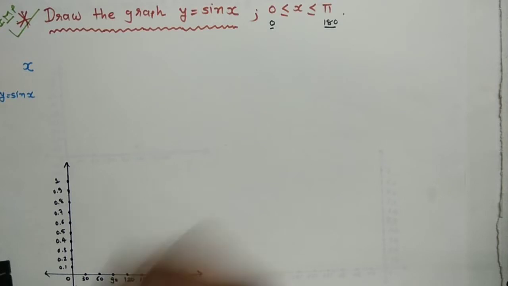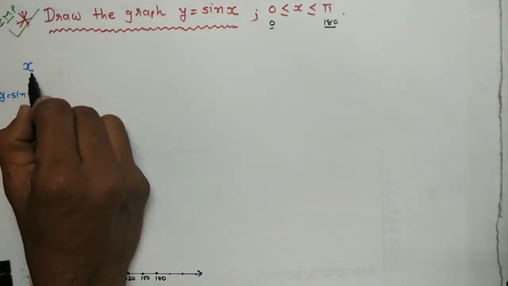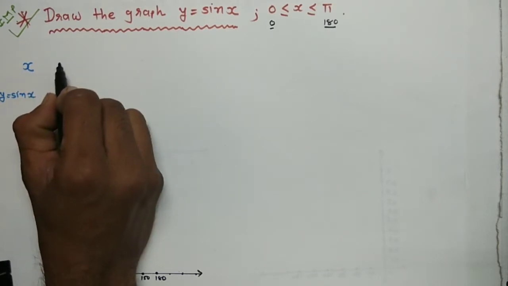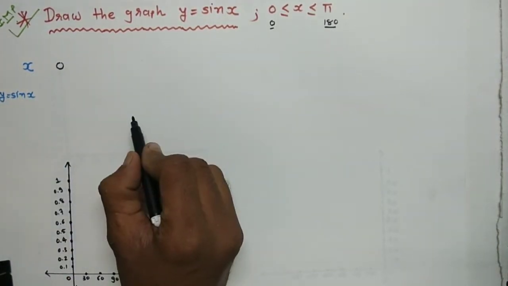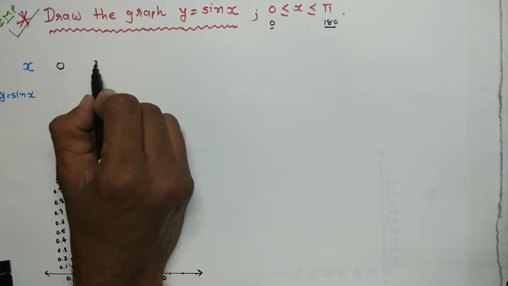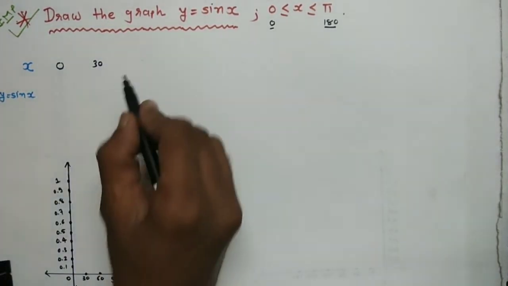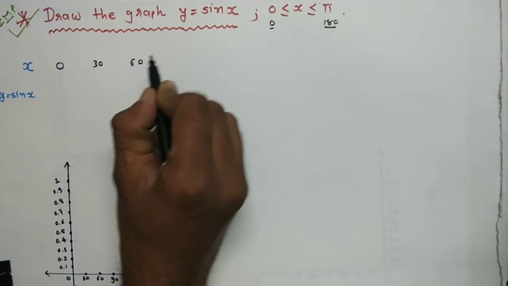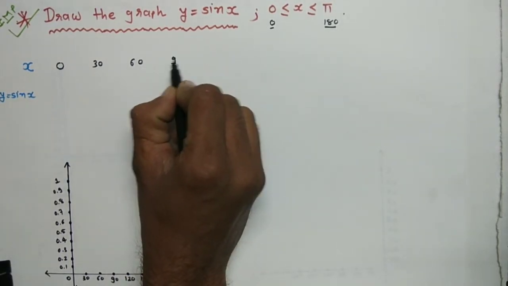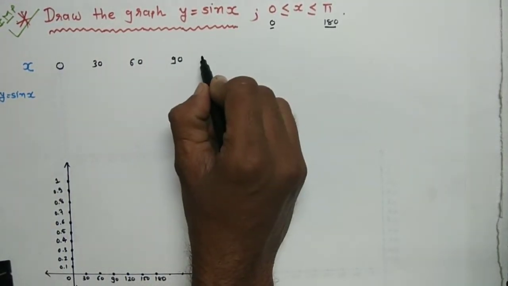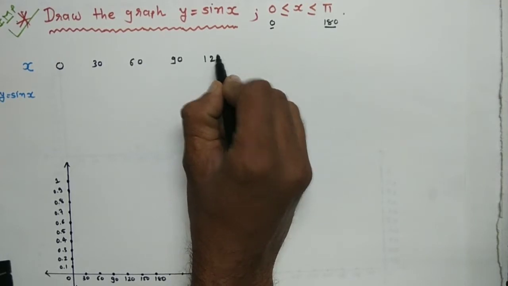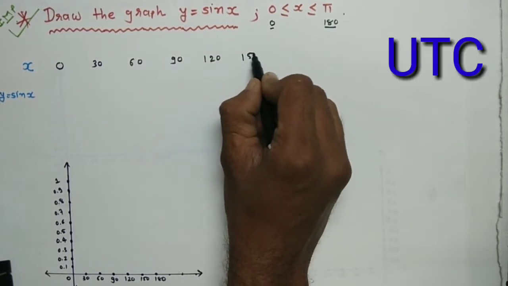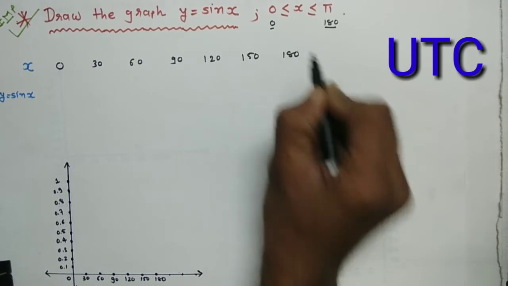Here first of all, between 0 to 180, divide this degree into steps. First of all, we are taking the value of x as 0, then after that 30, 60, 90, 120, 150 and 180 degree.